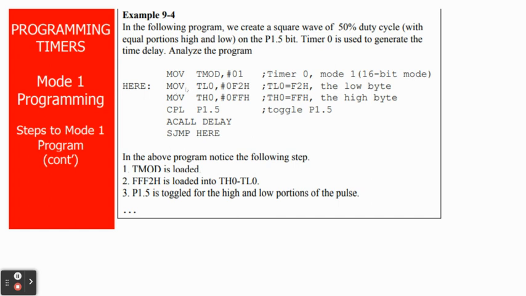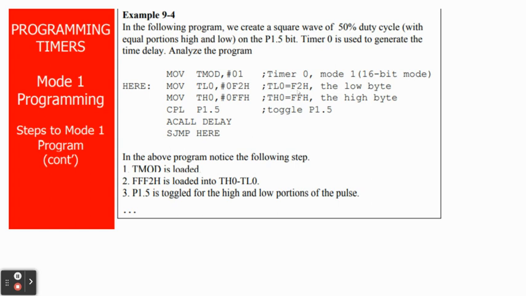So in the second line, we move F2 or 0F2H to our TL0. You will notice that whenever there's a letter in the beginning of the value, like here, we are supposed to only put F2 in assembly. This might be taken into a wrong meaning.